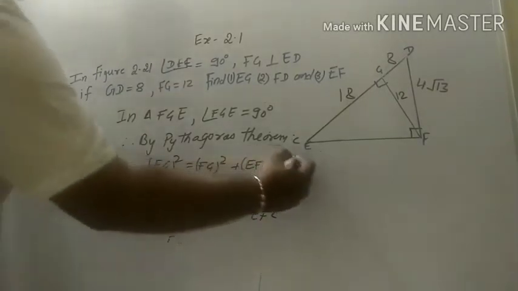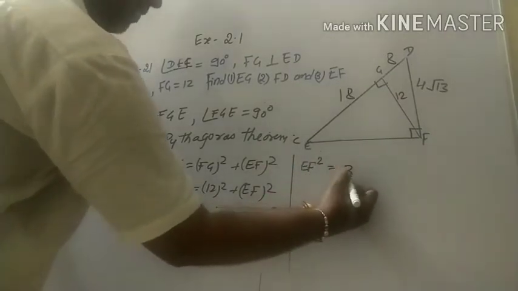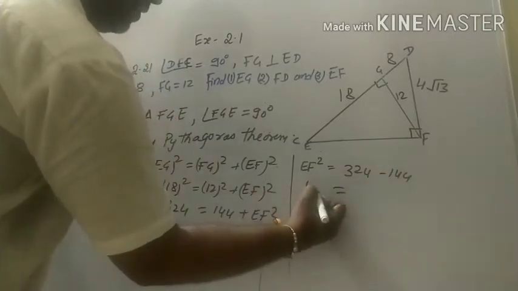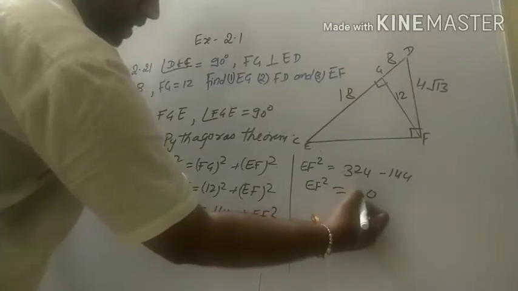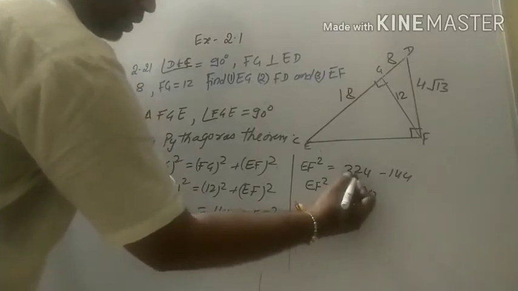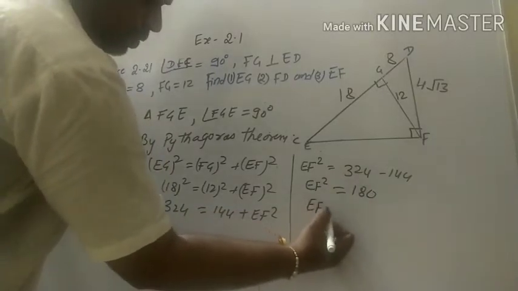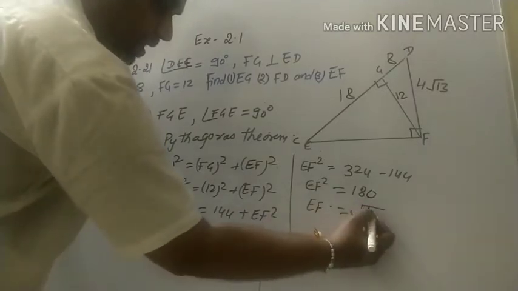Now EF square is equal to 324 minus 144, which is 180. So EF is equal to root 180.